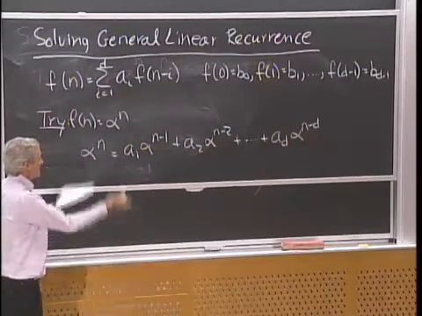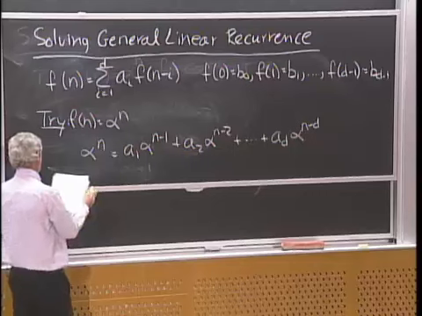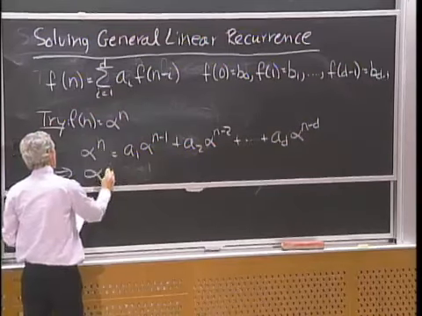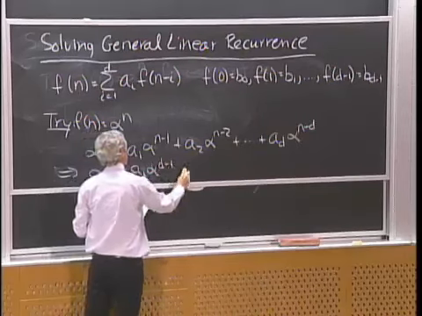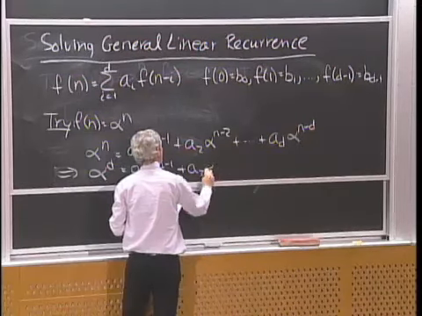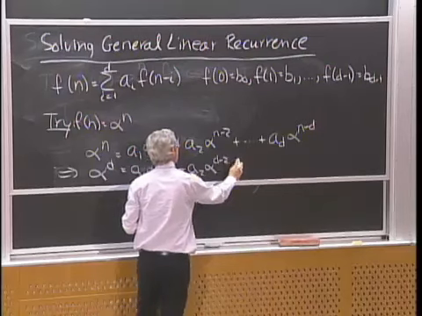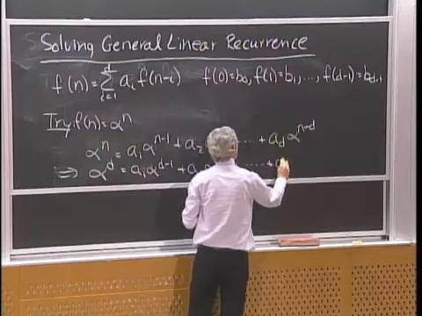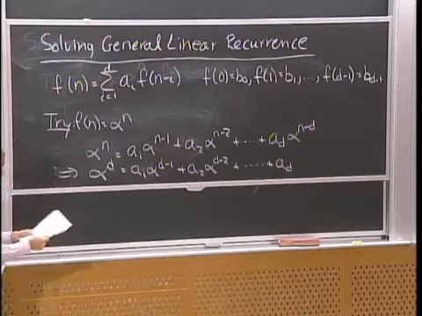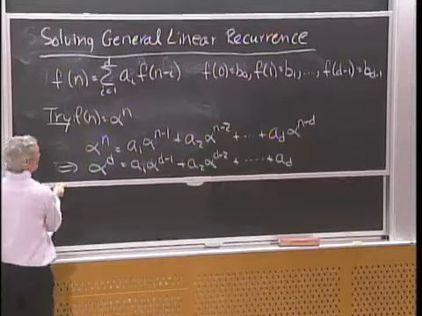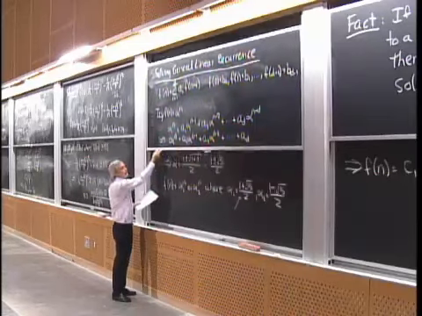I can divide everything by alpha to the n minus d, and that gives me alpha to the d equals a1 alpha to the d minus 1, a2 alpha to the d minus 2, a_d times alpha to the 0, which is just 1. And I can rewrite this as a polynomial equal to 0.